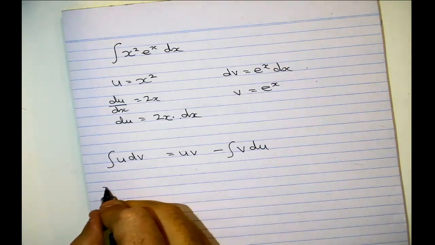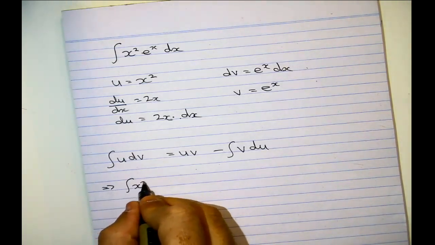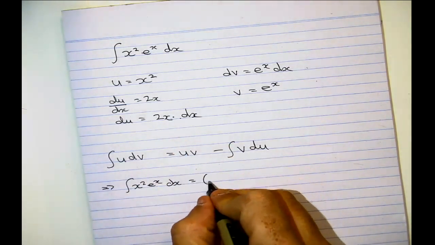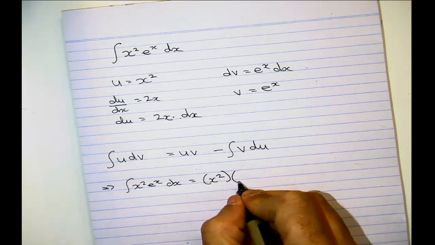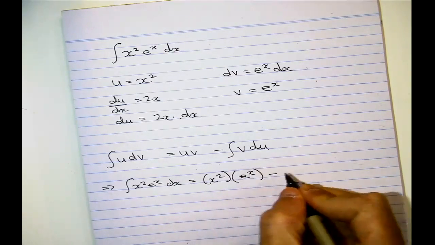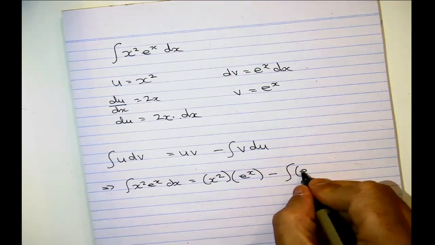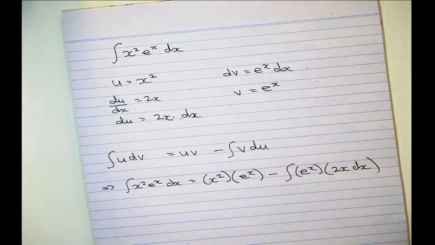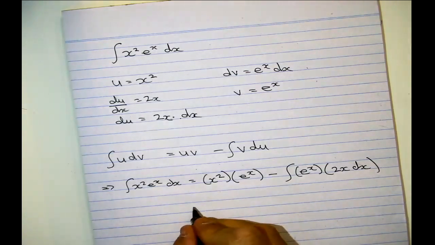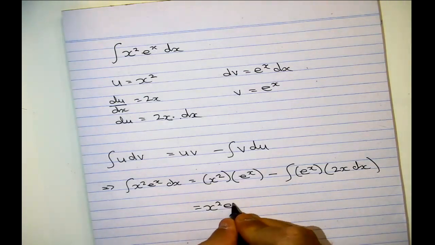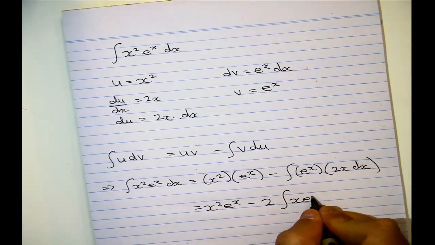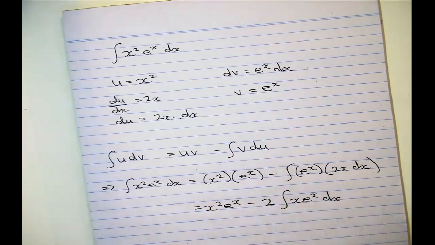So now I can therefore say the integral is u times v, so u is x squared, I found now v is e to the x, minus the integral of v du. All right, I just plug everything in. Clean it up. As always, I take constants outside. I get to here.